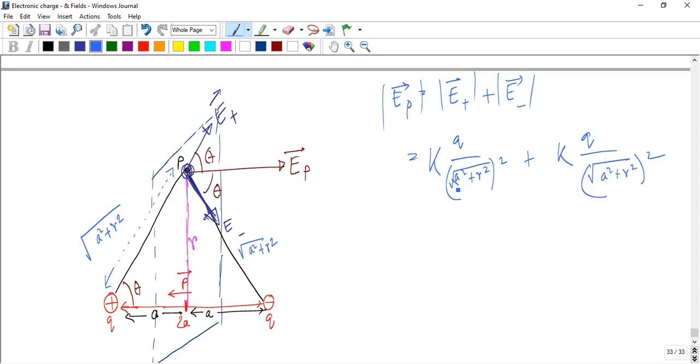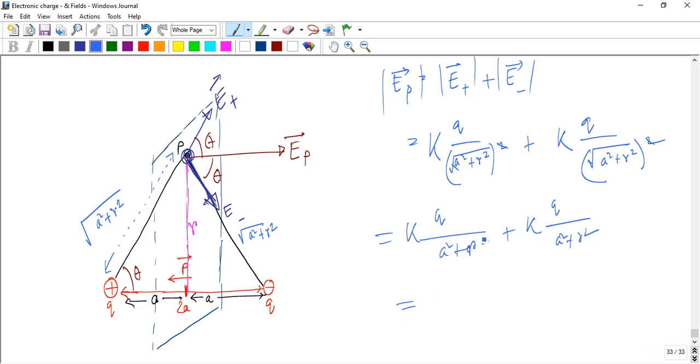The root and square cancel and we get KQ by A square plus R square, the same KQ by A square plus R square. If we add these two, we get 2KQ by A square plus R square, that is the EP.